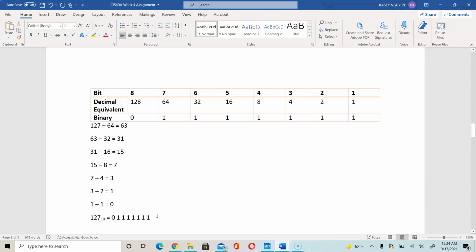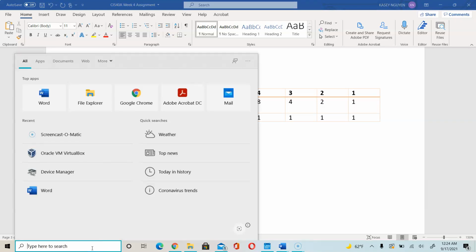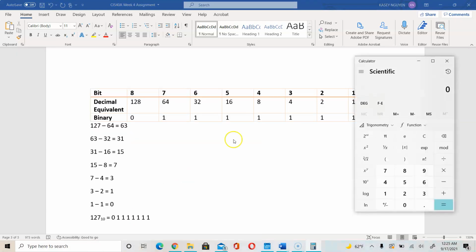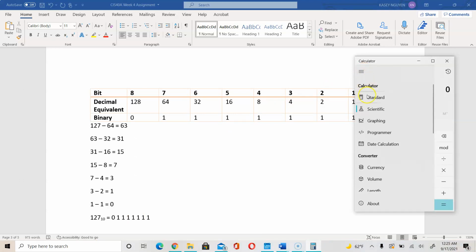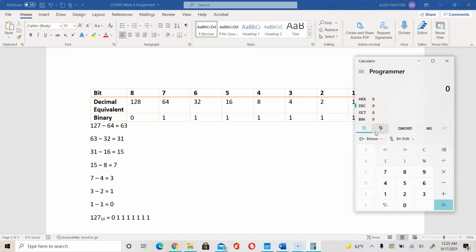Okay, in binary. Another way that you can check this is when you use Windows Calculator, there is a mode called Programmer. When you enter the decimal value, you click decimal and put 127, and you click binary.